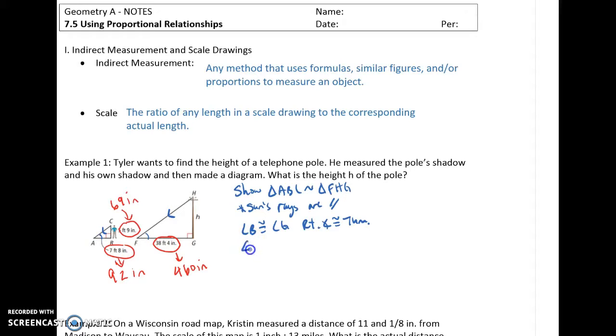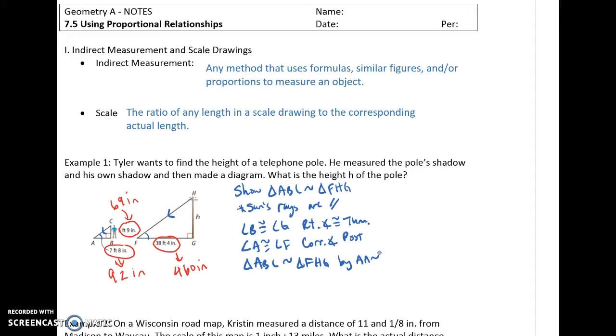So angle A would be congruent to angle F because of my corresponding angles postulate. And that conveniently gives me angle-angle similarity. Remember, when in doubt, prove them similar, and we're good to go.